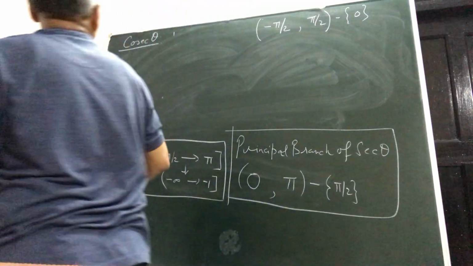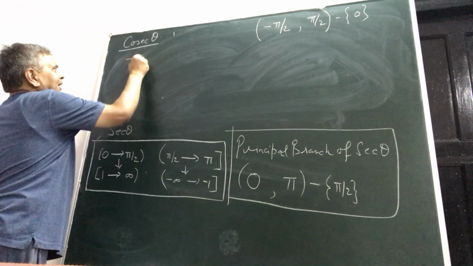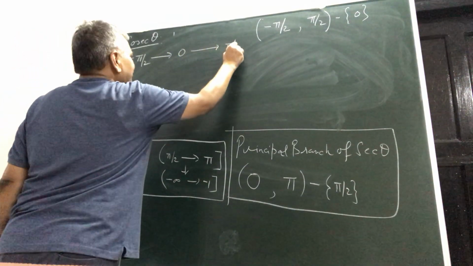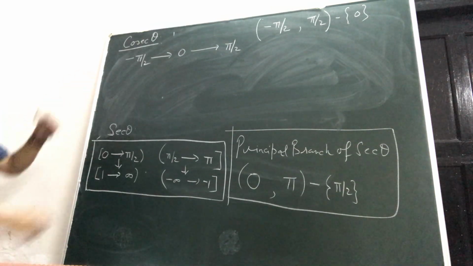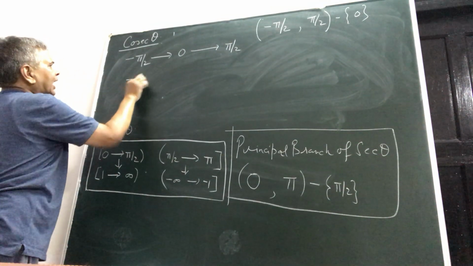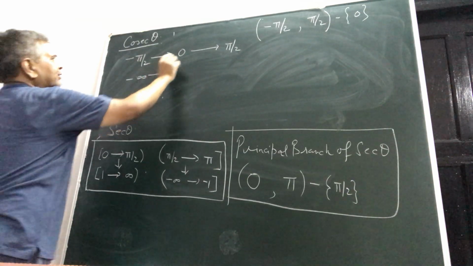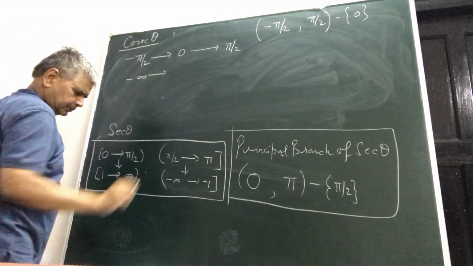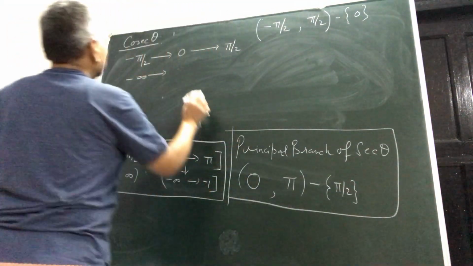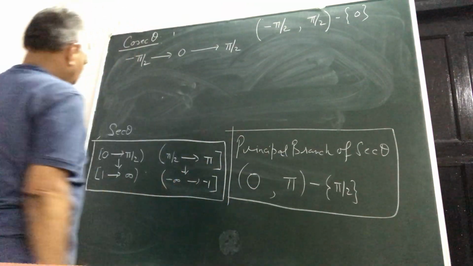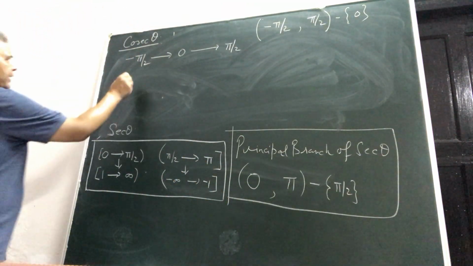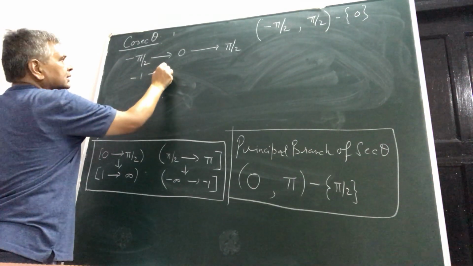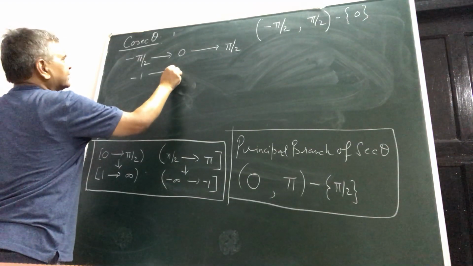But then interestingly, what will happen? Here things are simpler. As you go from minus pi by 2 to 0 and then to pi by 2, remember that at minus pi by 2, sin is minus 1, and the value of cosec will be minus 1, then heading towards minus infinity.